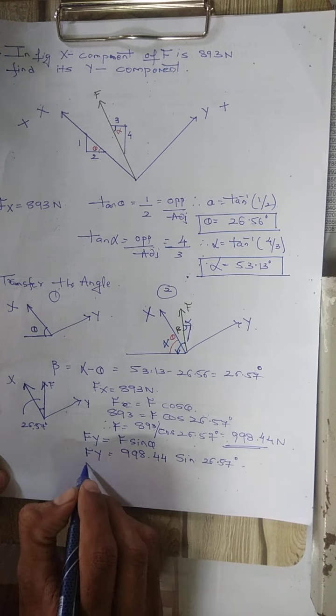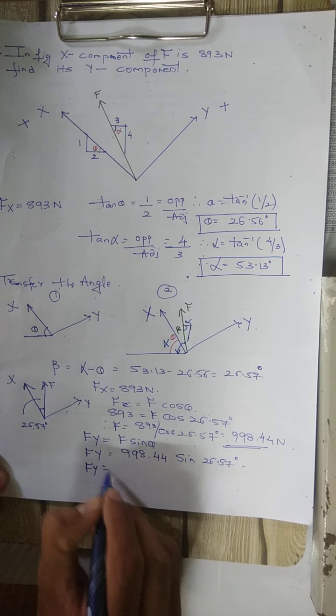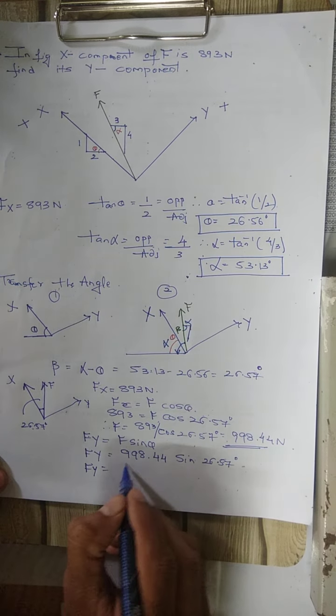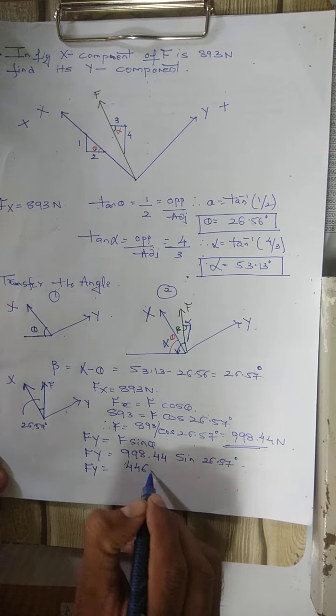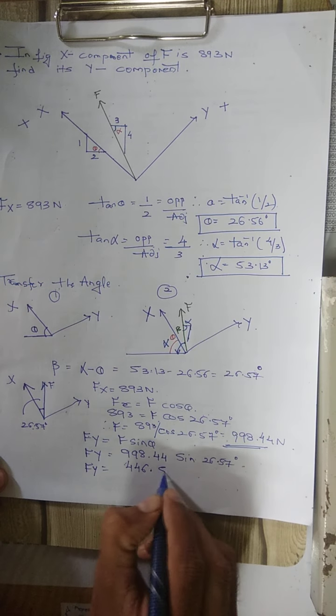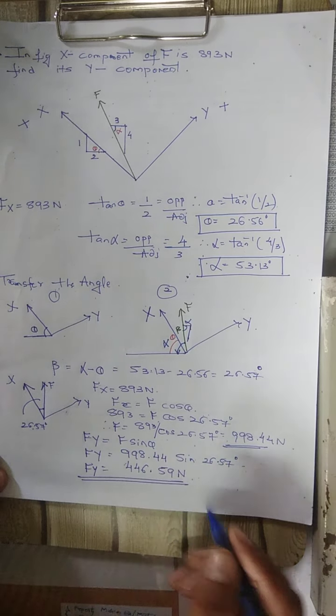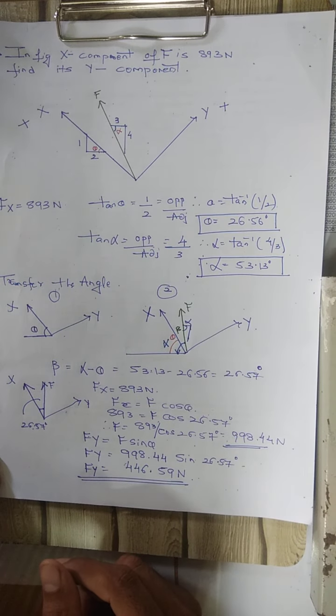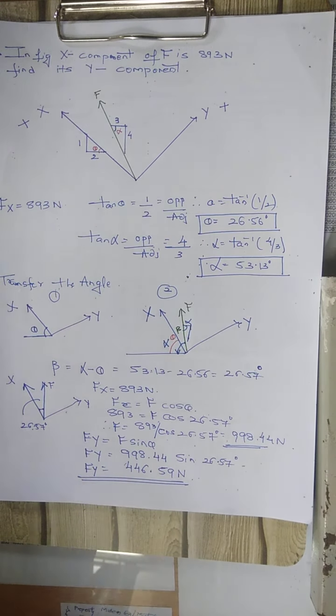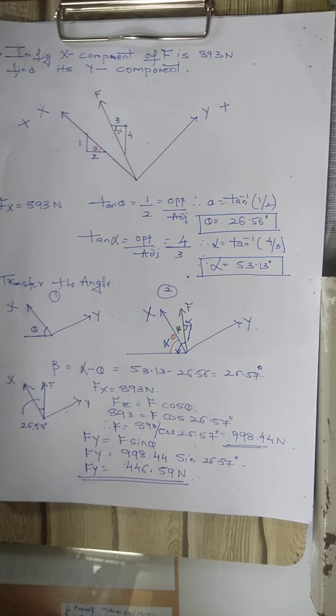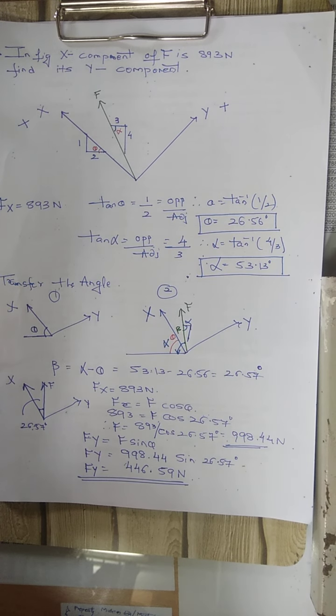So we have to calculate the Fy component, and the calculation of the Fy component is 446.59 newtons. In this way we have calculated the x and y components of this force. So here we have completed this problem.